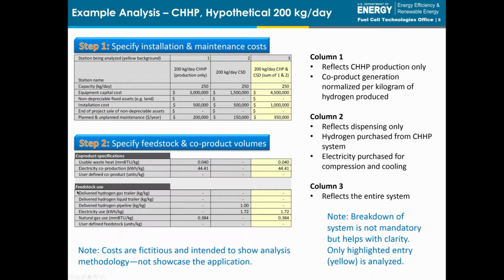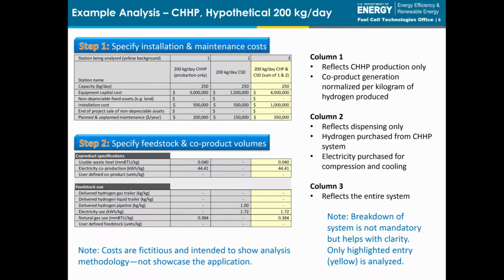Also, you would specify the feedstock usage. So we're using, for the production portion, some natural gas. Also, we're using some electricity in the compression, storage, and dispensing.